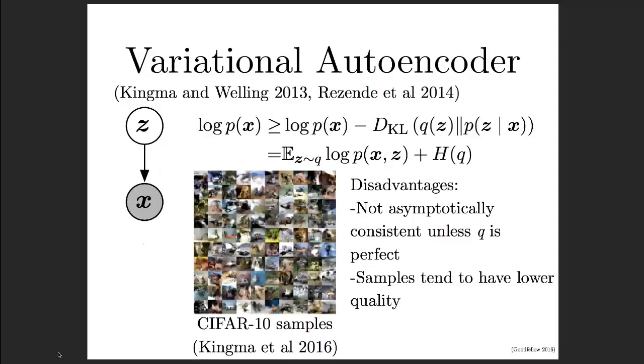Another major family of models is those that have intractable density functions, but then use tractable approximations to those density functions. Currently, one of the most popular members of this family is the variational autoencoder. The basic idea is to write down a density function, log p of x, where the density is intractable because we need to marginalize out a random variable z.